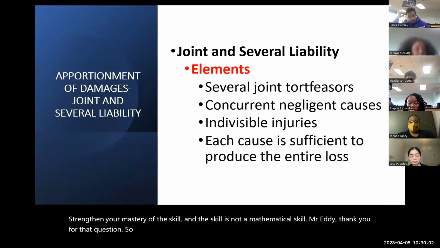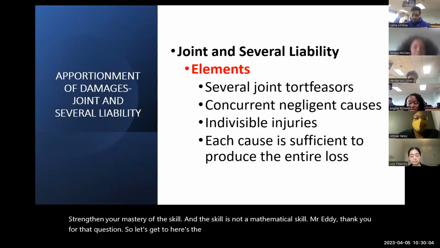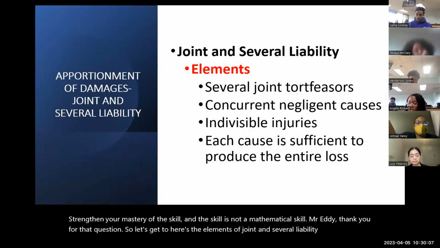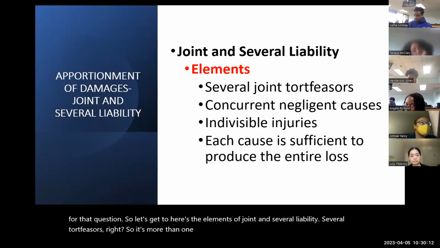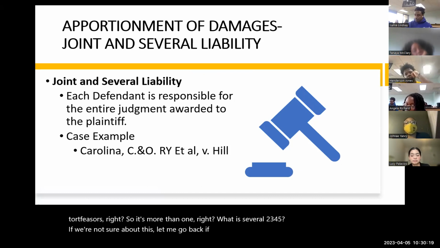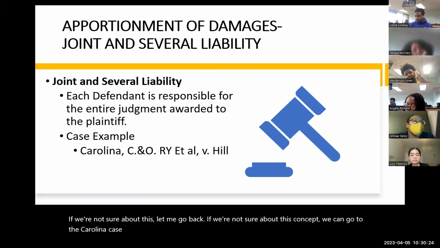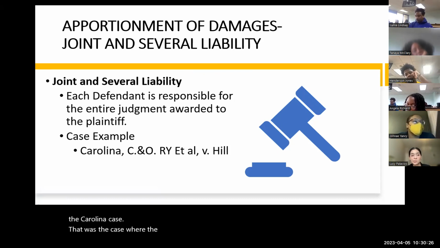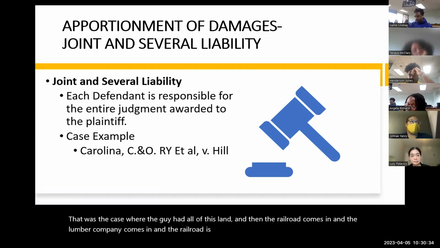So let's get to the elements of joint and several liability. Several tortfeasors, right? So it's more than one. What is several? 2, 3, 4, 5. If we're not sure about this concept, we can go to the Carolina case. That was the case where the guy had all of this land, and then the railroad comes in, and the lumber company comes in, and the railroad is doing blasting and this and that, and the lumber company's cutting down trees.